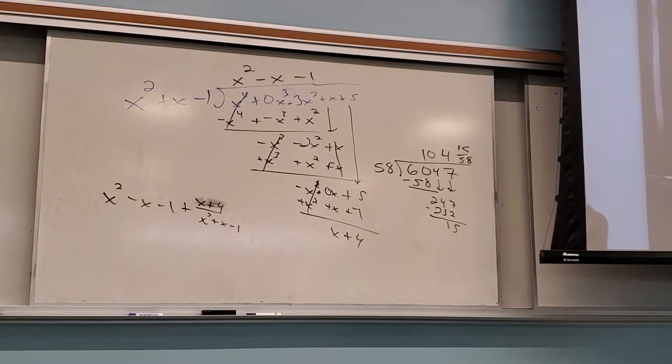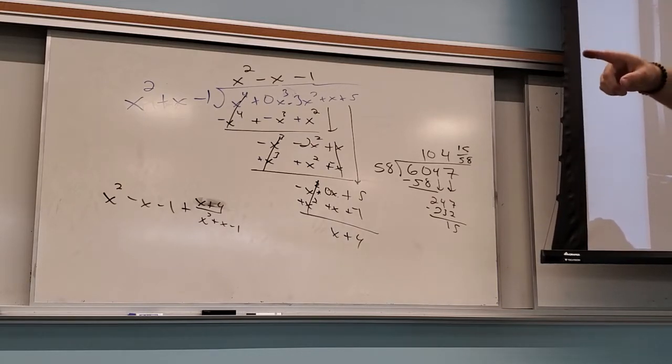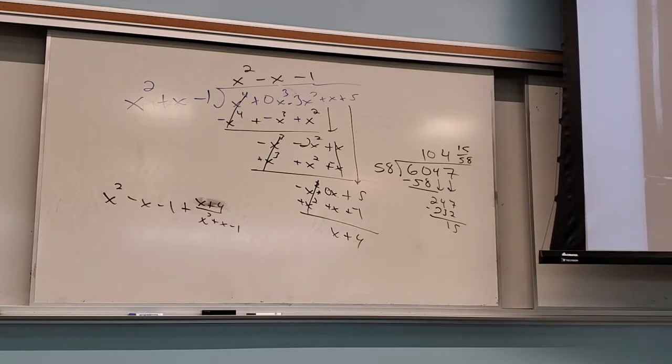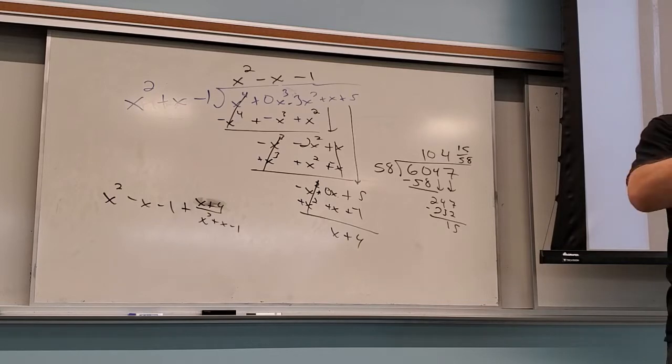So that's the calculator usage. Right? That's why it costs so much money, because it does this kind of thing. How many answers do I expect total? Looking at the function, how many zeros, how many x-intercepts do we expect total? 4. How many real intercepts do we see? 4, remember?